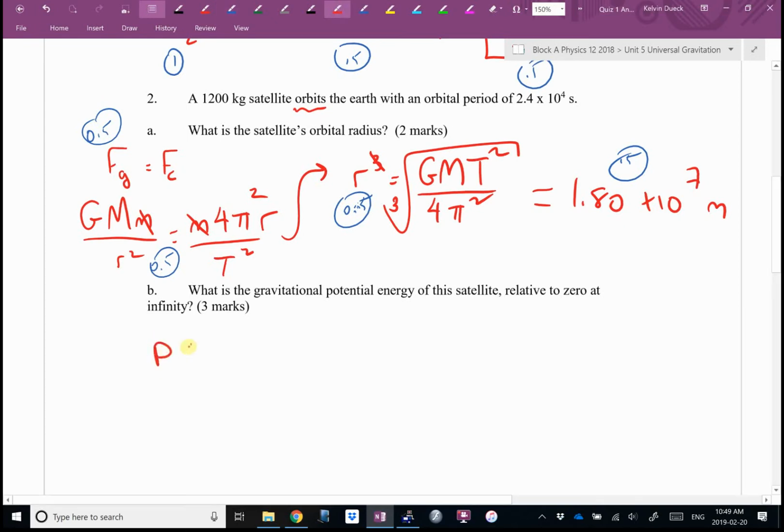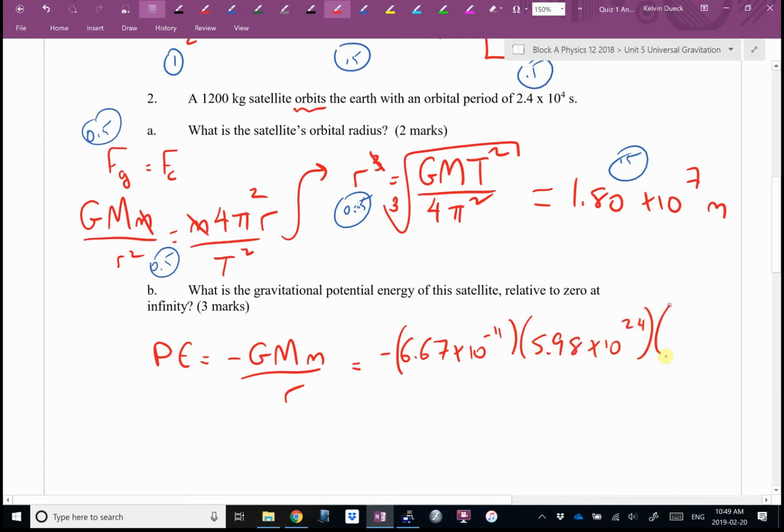The gravitational potential energy is going to be negative big G, big M, little m over R. Now R is going to be my answer from part A. It's going to be negative 6.67 times 10 to the negative 11, 5.98 times 10 to the 24th, mass of the satellite, all over 1.80 times 10 to the 7th, but I'm going to use my answer button here.